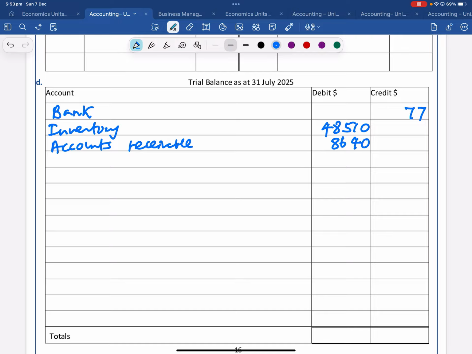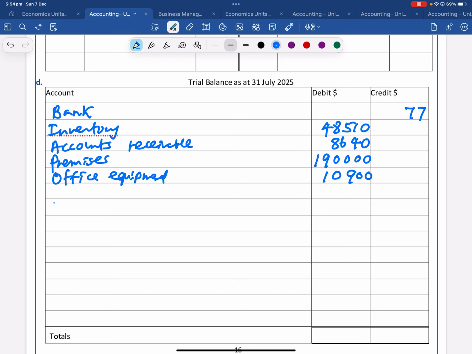Right. Then next one. Premises. How much? 190,000. Right. Next one. Office equipment. How much? 10,900. Yeah.